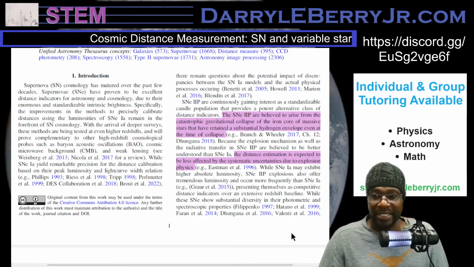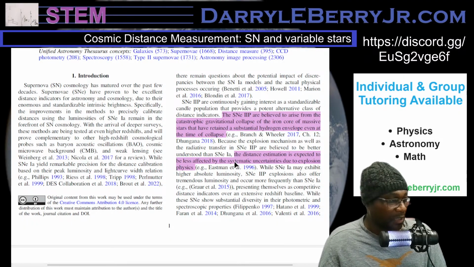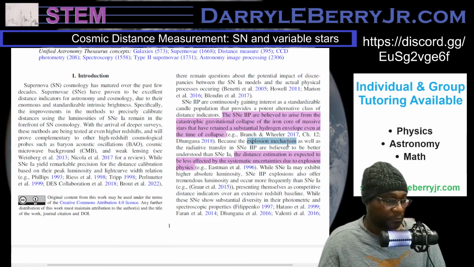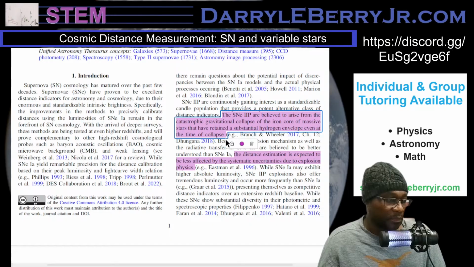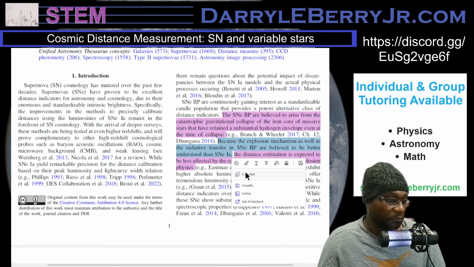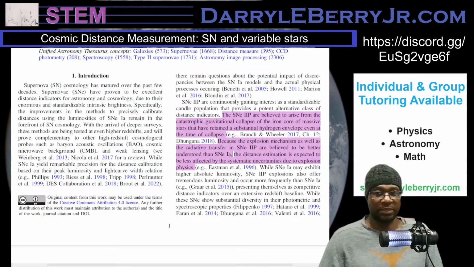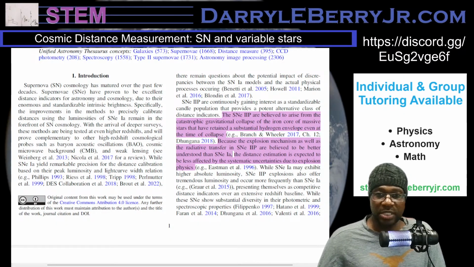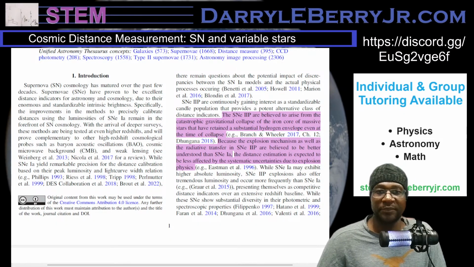The difficulty is the explosion mechanics. Let's say the composition of two type 1A stars is slightly different.